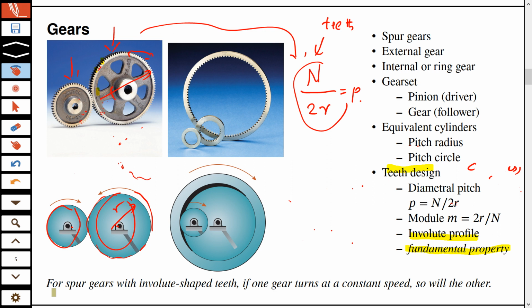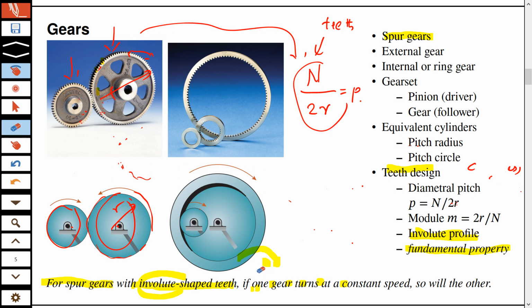This principle is for spur gears. If the teeth are designed according to this shape, don't go into detail. You should be more interested in what it means for you. So the involute profile is a way of designing teeth, and if you design the teeth in that way, you as a user will get this simplicity.